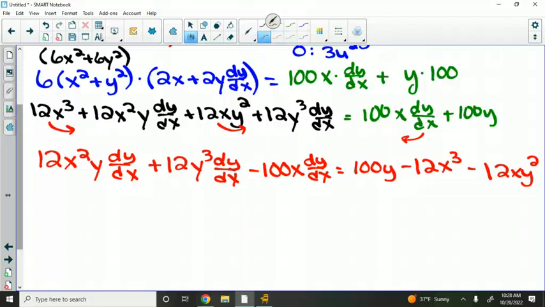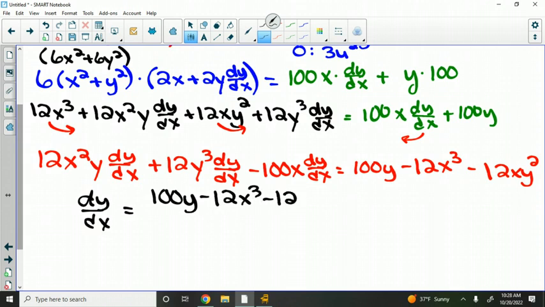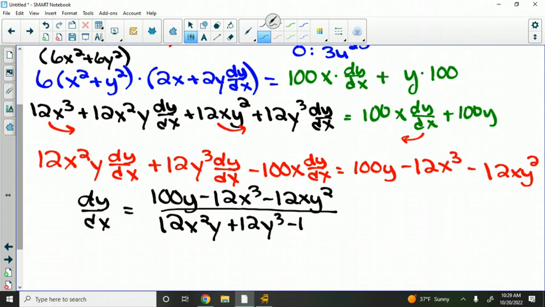So dy dx over here by itself, on the right hand side I have 100y minus 12x cubed minus 12xy squared, and I'm going to divide it by what these would have all factored out from. So 12x squared y plus 12y cubed minus 100x.